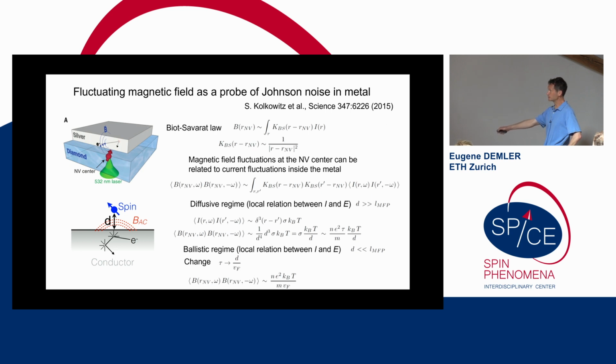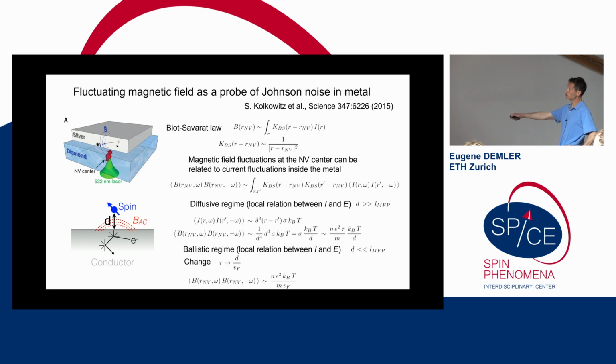At shorter distances, the simplest way of thinking is that we take the usual Drude formula, which has mean free time, and then we simply change the mean free time into the characteristic time it takes an electron to fly through this region of length d, and therefore we will see that the noise will saturate.